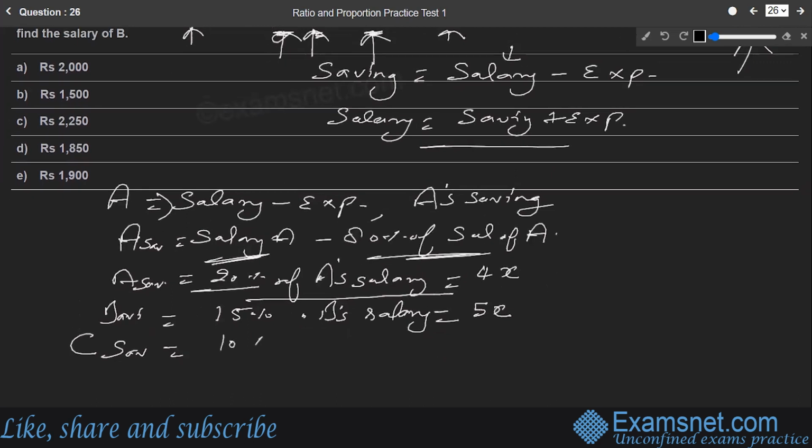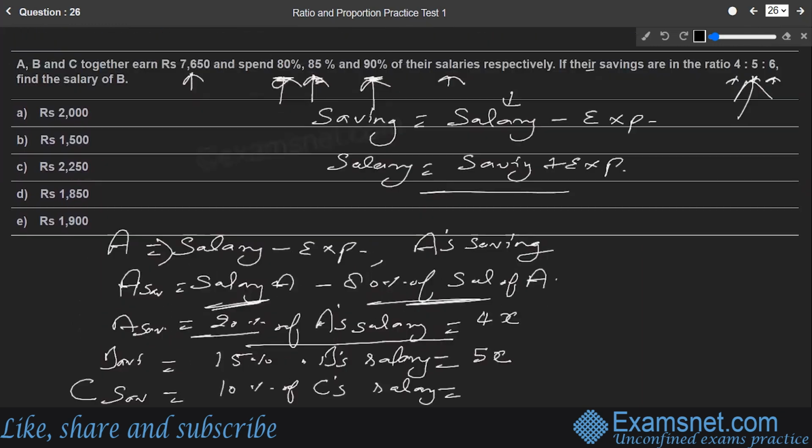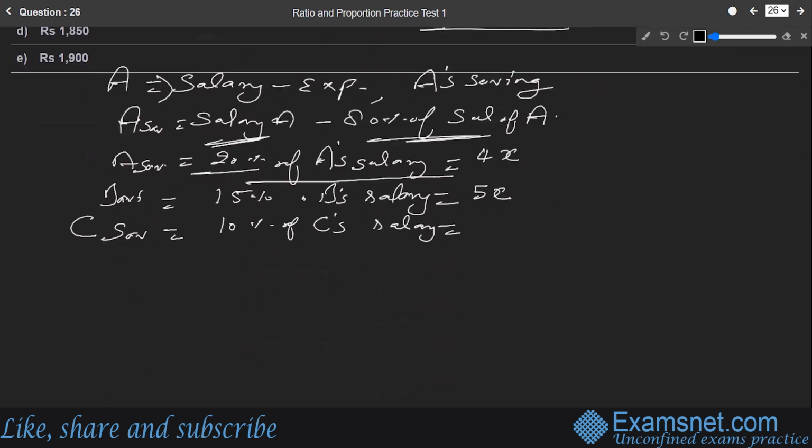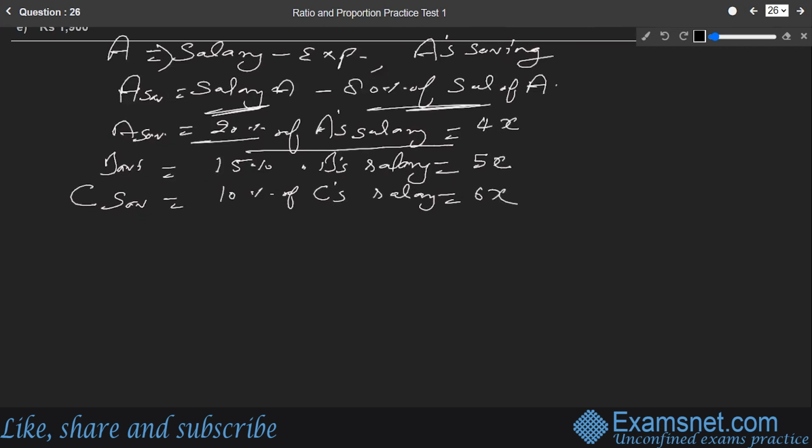So 10% of C's salary will be his saving, and that saving part is 6, so the saving will be 6x. So 20% of A's salary is 4x, 15% of B's salary is 5x, and 10% of C's salary is 6x. That is the value given. They say the savings are in the ratio 4 is to 5 is to 6.